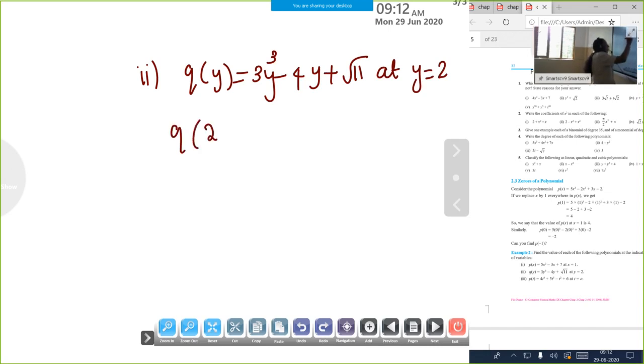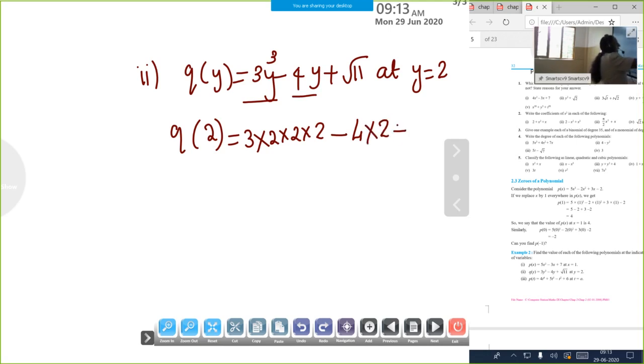So q of 2 equals 3 into y cube, y into y into y, that means 2 into 2 into 2, minus 4y. The first term is 3 into 2 into 2 into 2, the second term is minus 4 into 2, and the last term is root 11. Over there, in root 11, there is no y.